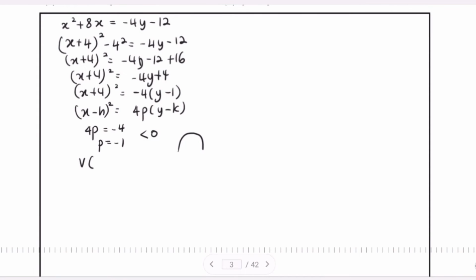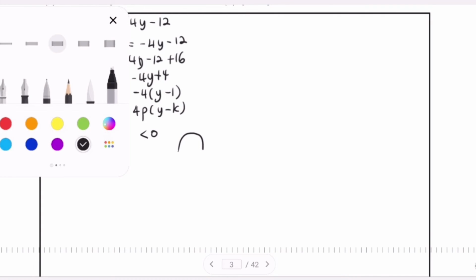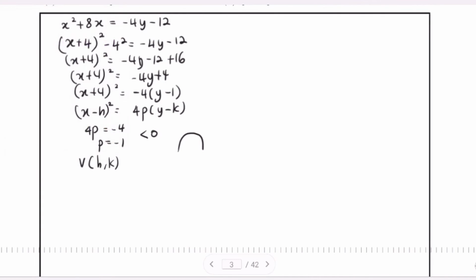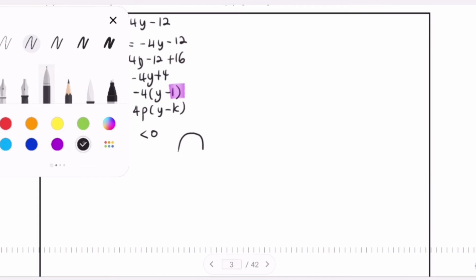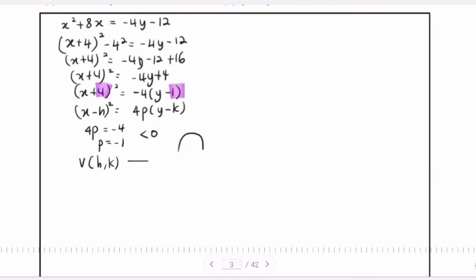Alright, so let's state our V, which is the h, k, by comparing. You get the values of negative 4 over here and 1 over here. So that will be negative 4, 1.